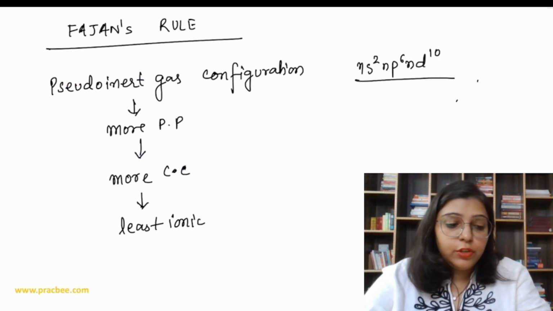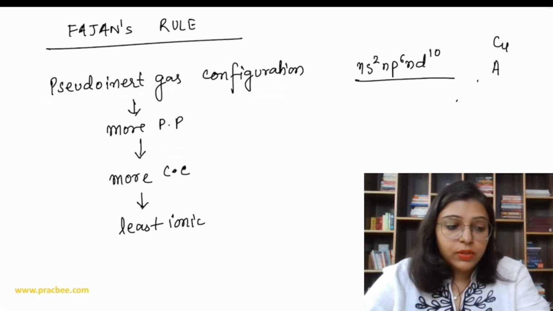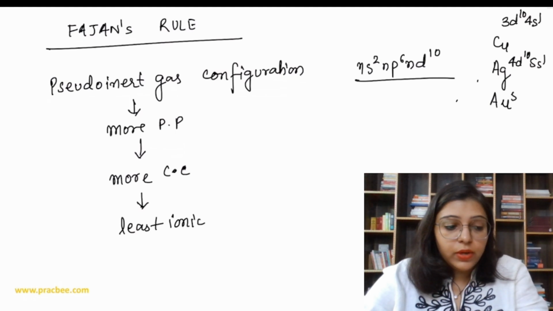Here, if we talk about Ag, we have copper, below that we have silver, and then we have gold. Copper is 3d10 4s1. So Ag is 4d10 5s1, and gold is 5d10 6s1.